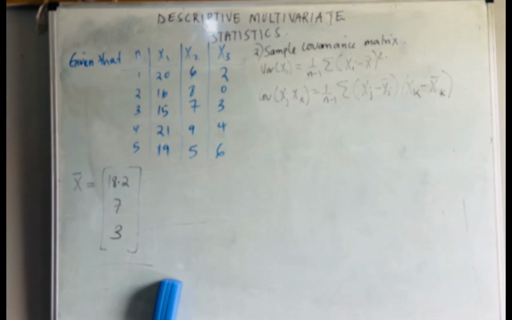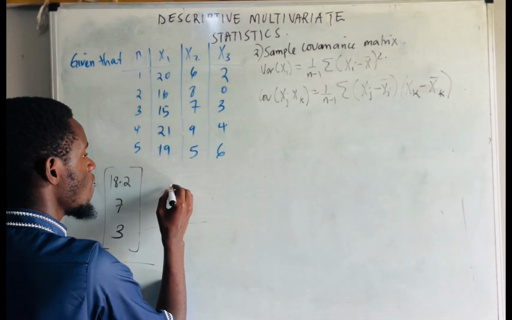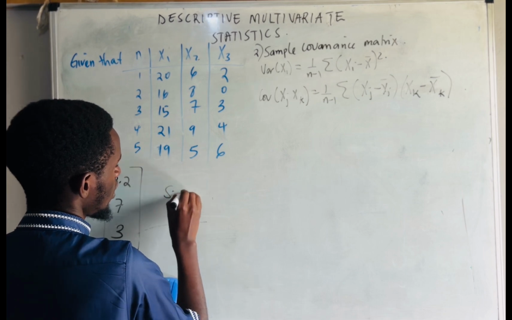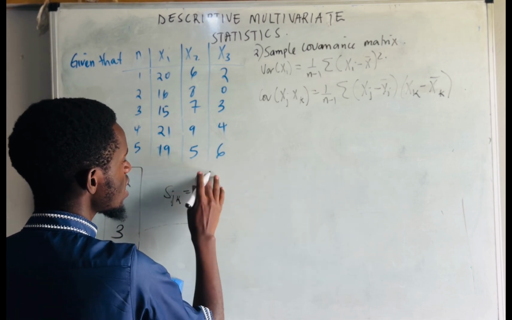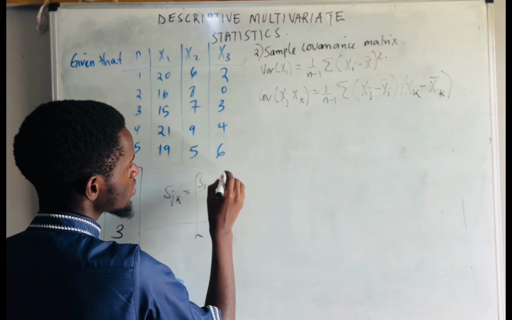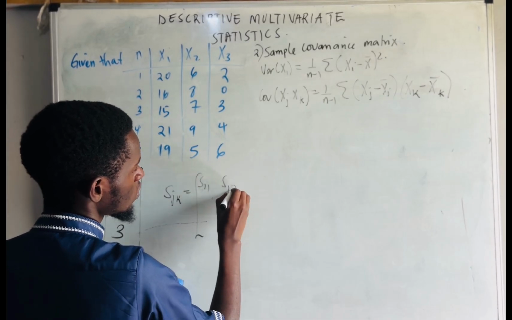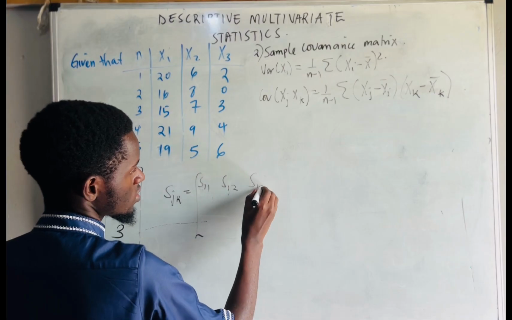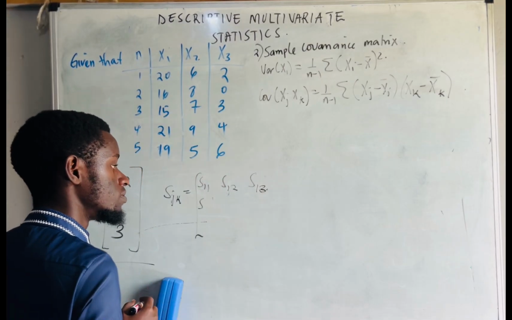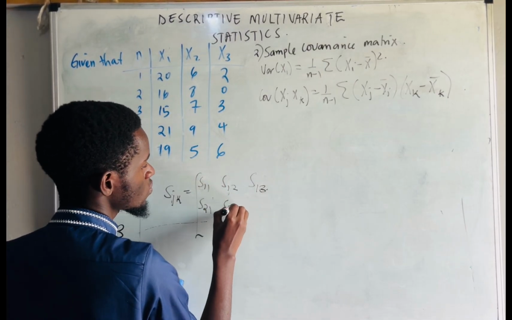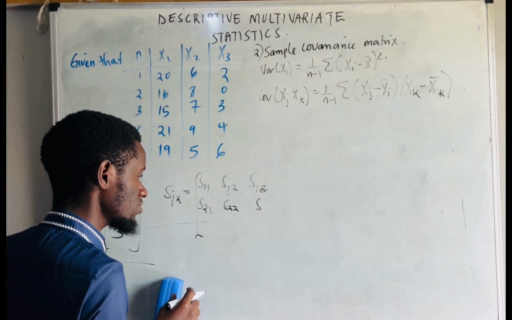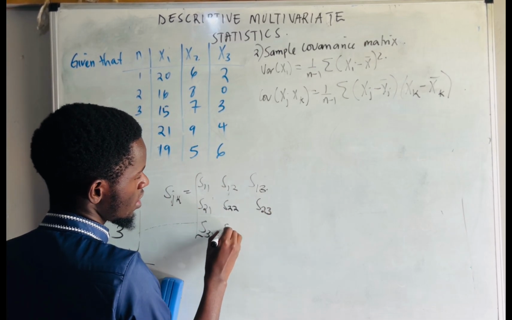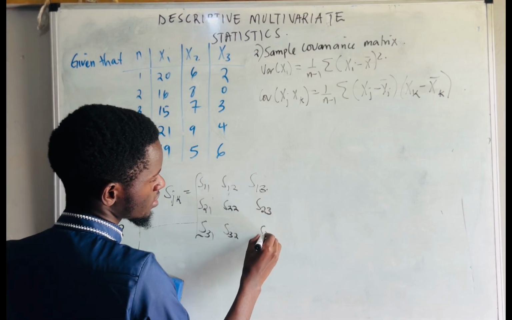Now, what we need to have is our S matrix, with entries s11, s12, s13, s21, s22, s23, s31, s32, s33.